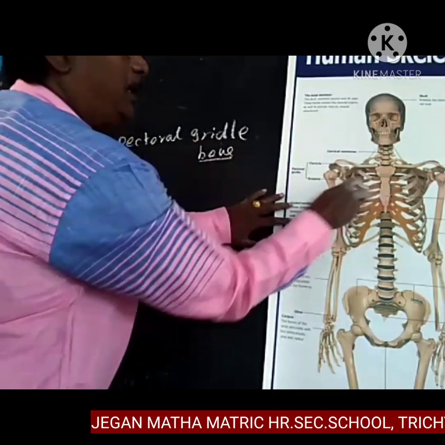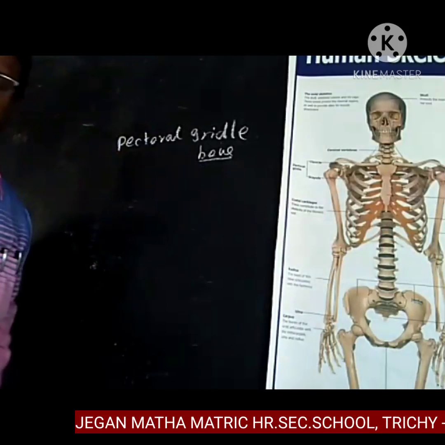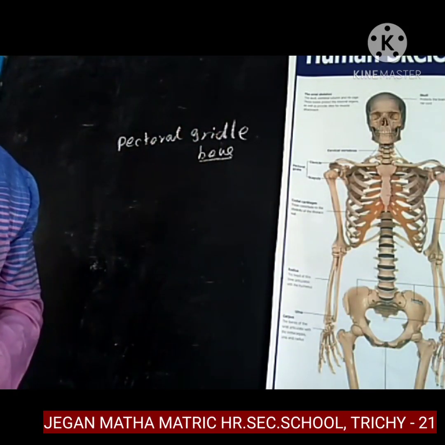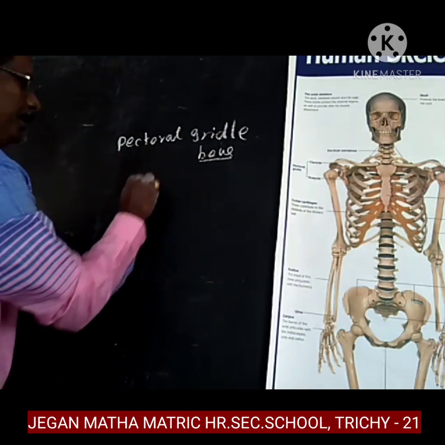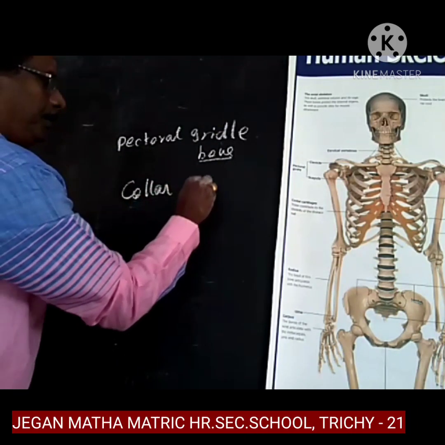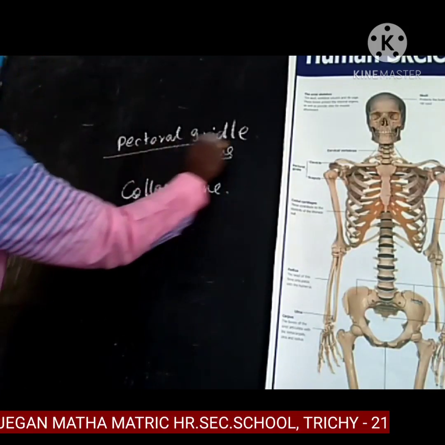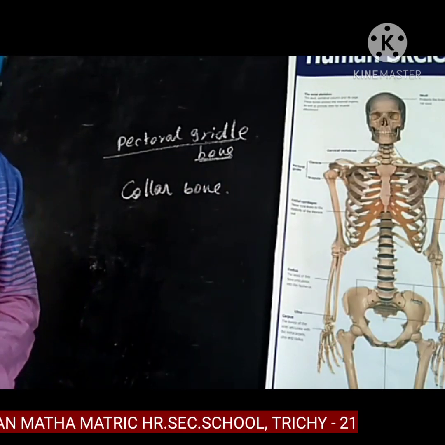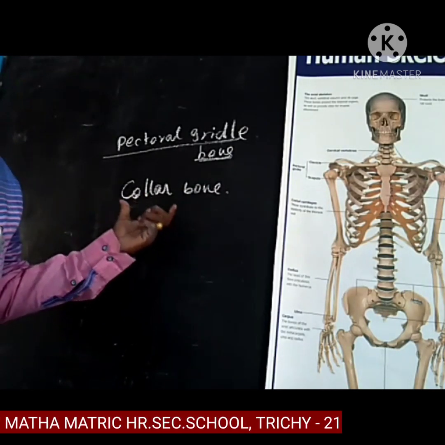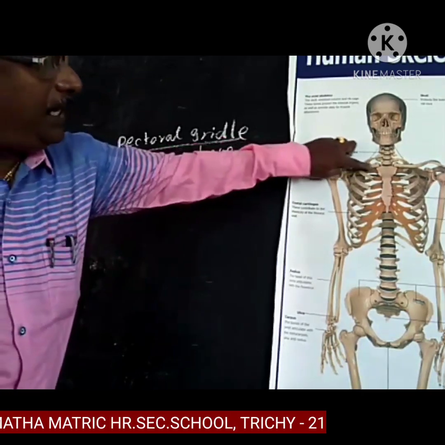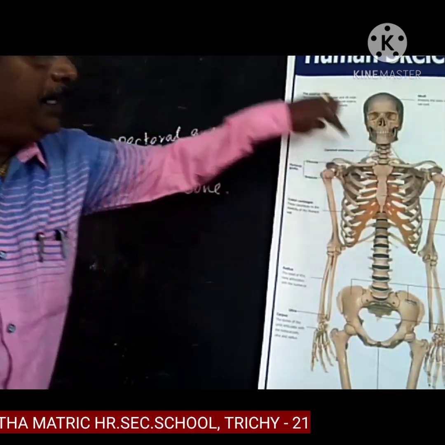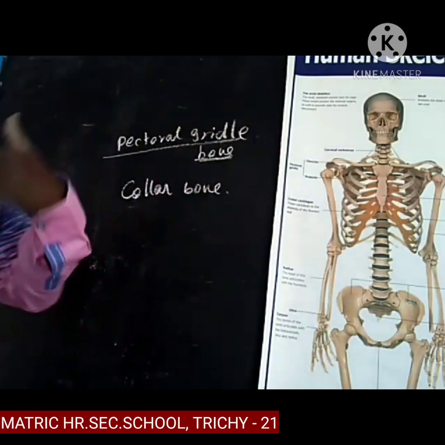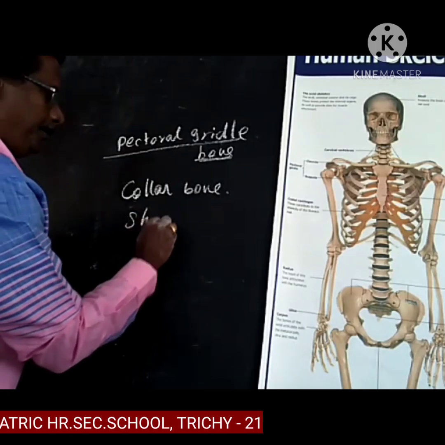It consists of two collar bones at the front and the shoulder blade, or shoulder plate, at the back.